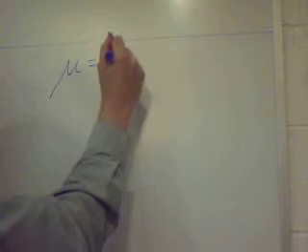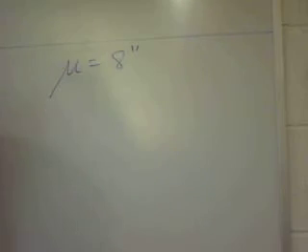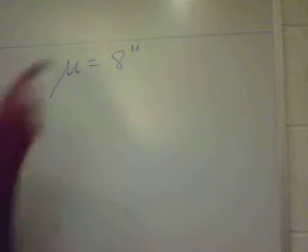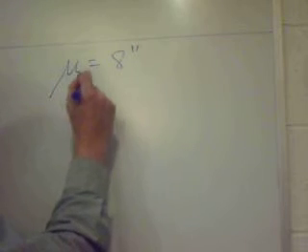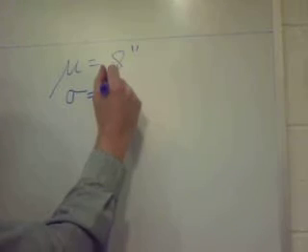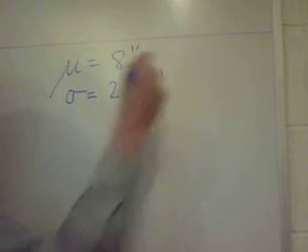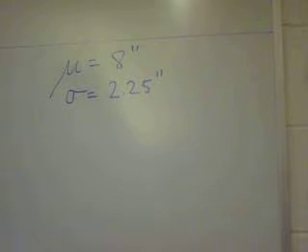So we say mu, the population mean, is 8 inches. If you average the lengths of all the fish in the lake, 8 is the number you get. Then they say sigma, the population standard deviation, is 2.25 inches, and the lengths of the fish are normally distributed.